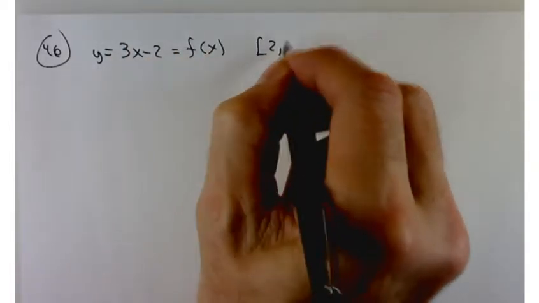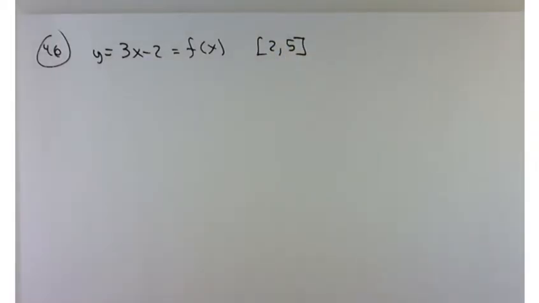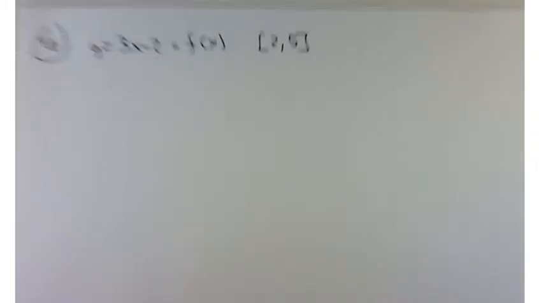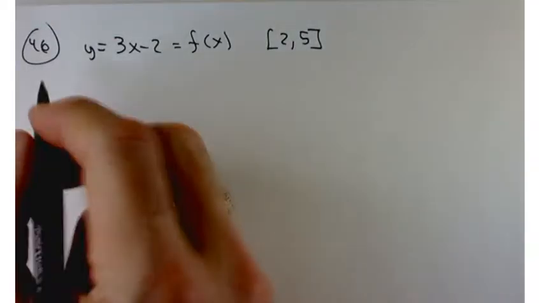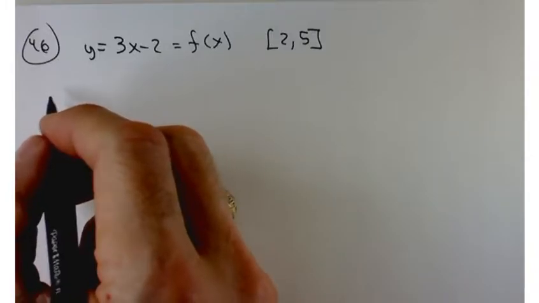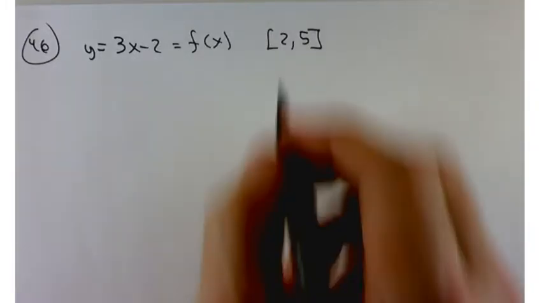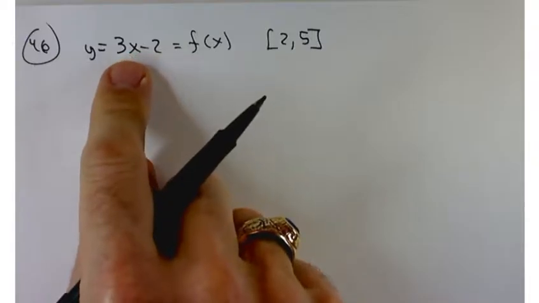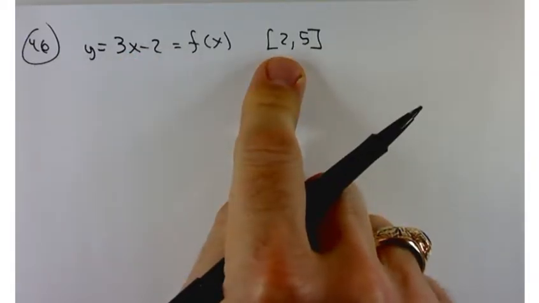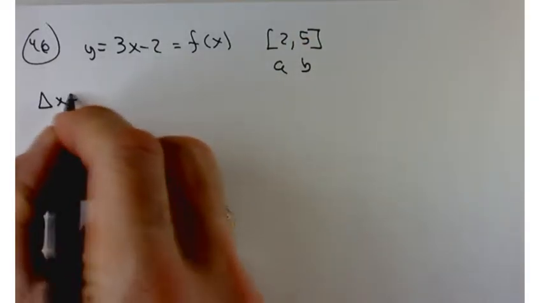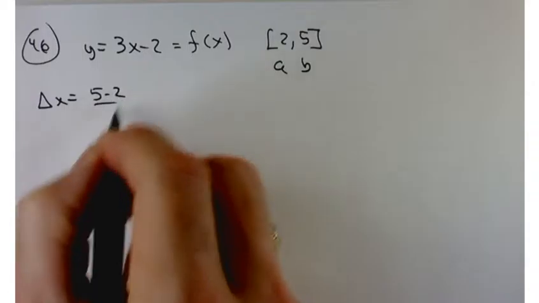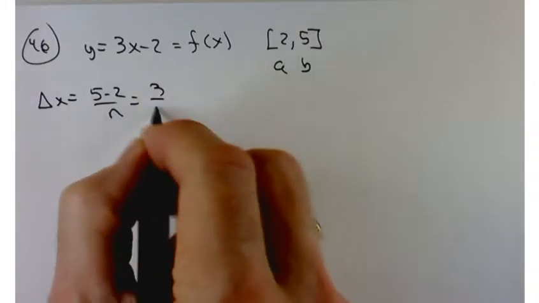This time we're dealing with the interval 2 to 5. We're going to use this function. This is going to help us calculate the width of our intervals. So delta x is going to be 5 minus 2 over n, which is going to be 3 over n.